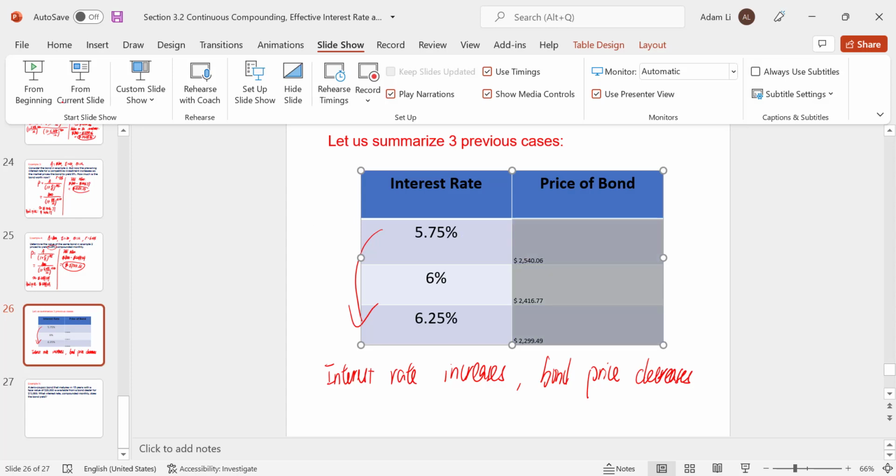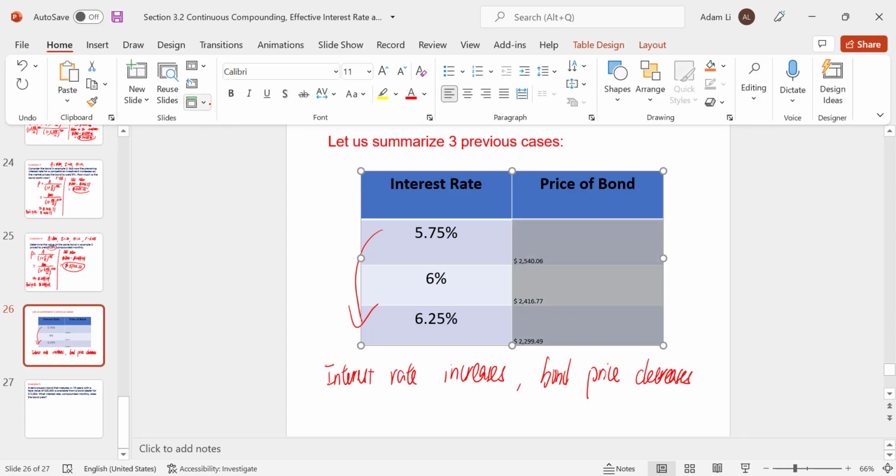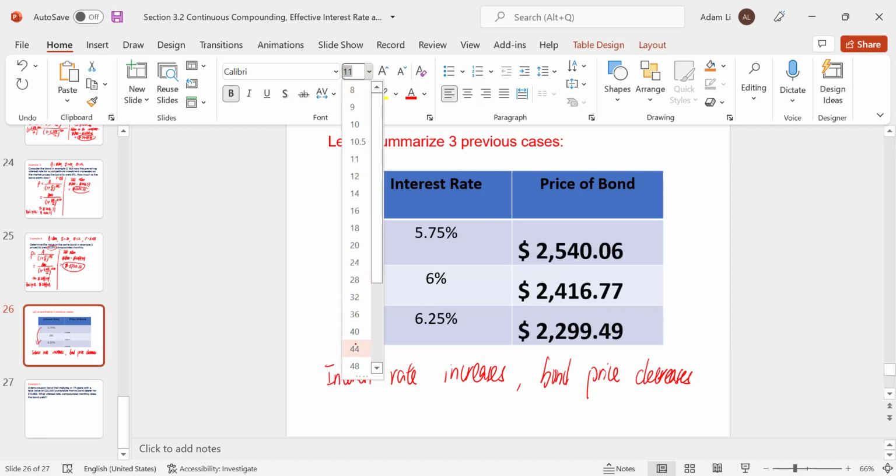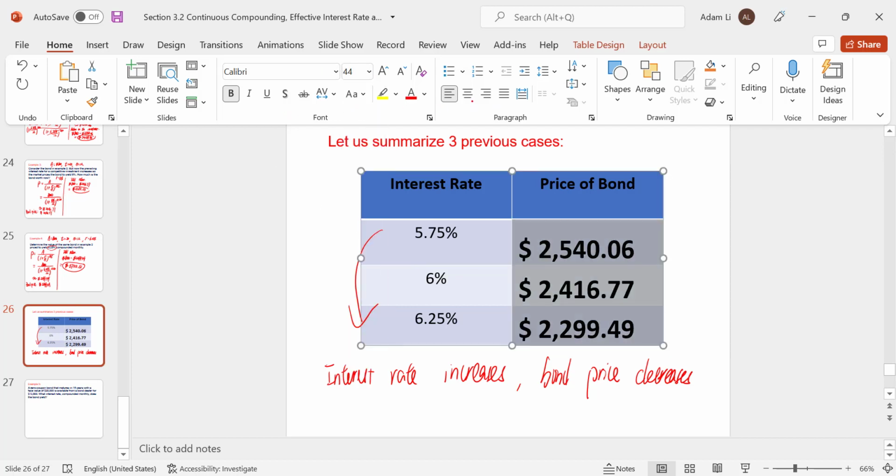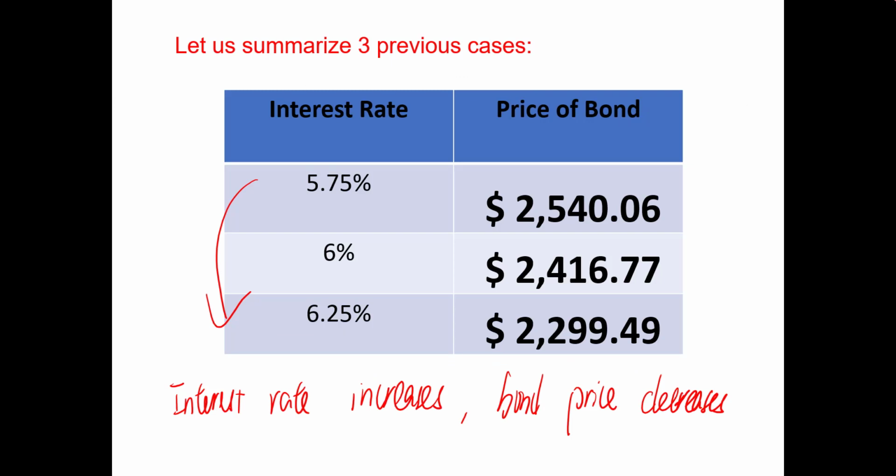So as you can see, as the interest rate increases, the bond price decreases. Okay, so we get that. So that exactly matches our intuition. So for investors, it's better, right? So interest rate increases, bond price decreases.